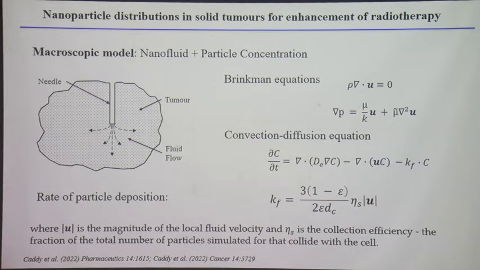So it needs to be taken out. And that's why it's here. And then in this expression, the collection efficiency, I think this is a collection efficiency, yeah. This one was evaluated from the microscopic particle tracking model that I described earlier.